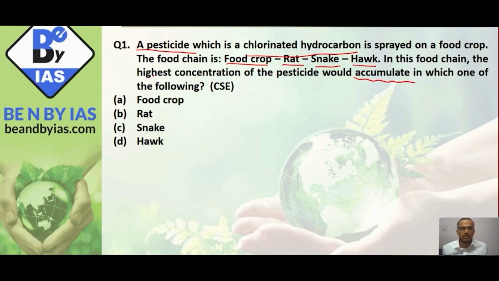So what they are asking, they have given this particular pesticide and this food chain, and they are asking us in which component of this food chain highest concentration of this particular pesticide would accumulate.